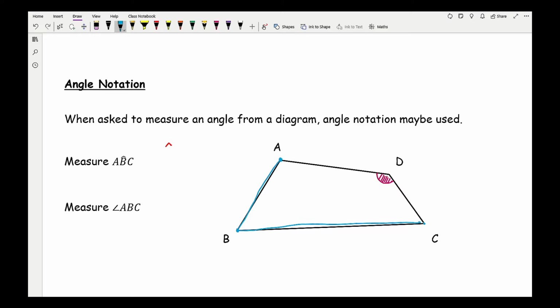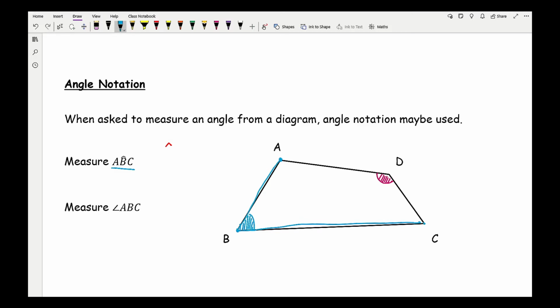The angle represented by angle ABC with a hat above the B is the angle here. A shorthand way of looking at it is that the middle letter is the angle that you're asked to find. So that could be an option.